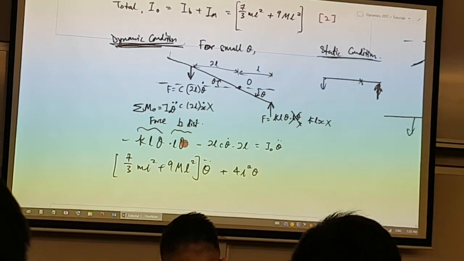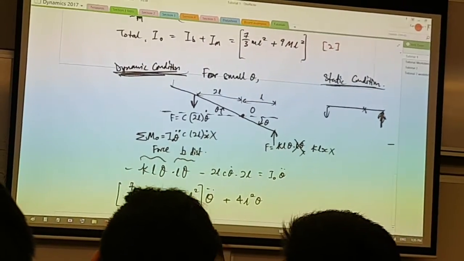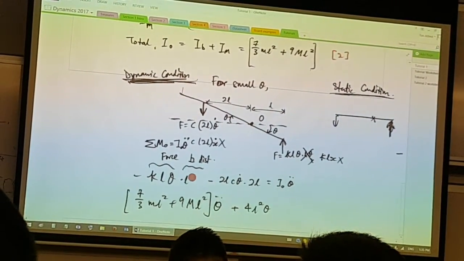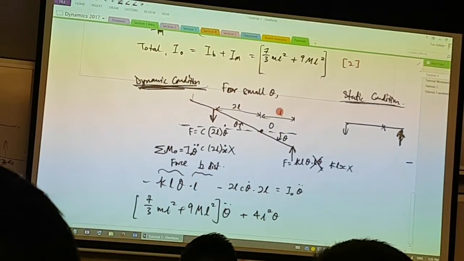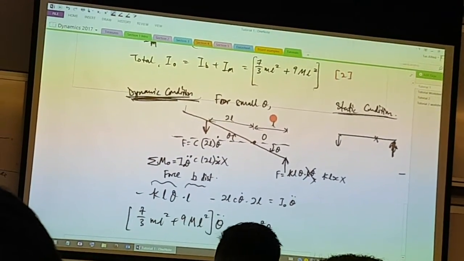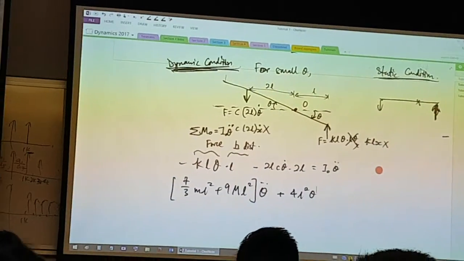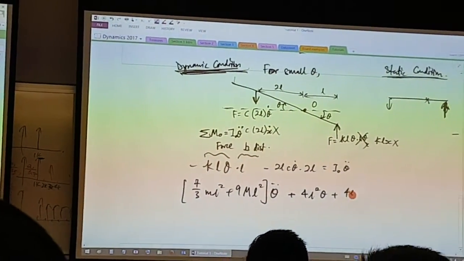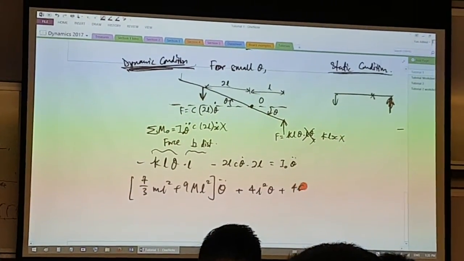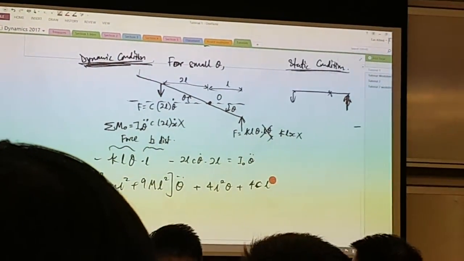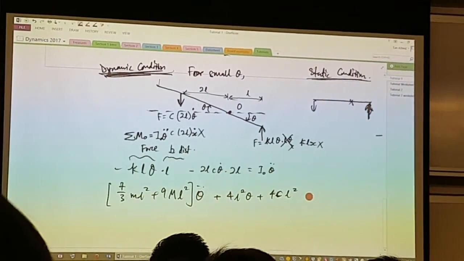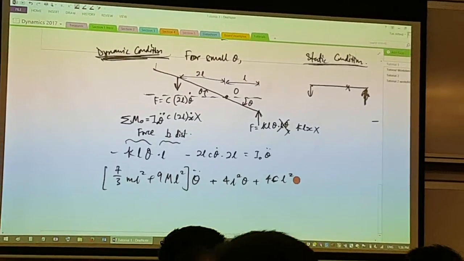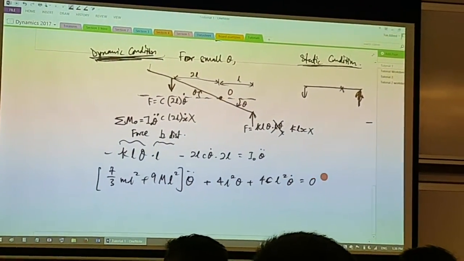This one doesn't have theta, because this should be the sine cosine theta, so this cosine will be... he put theta just to indicate over here. So sine squared theta plus cosine squared theta equals 1. CL squared theta dot equals 0.